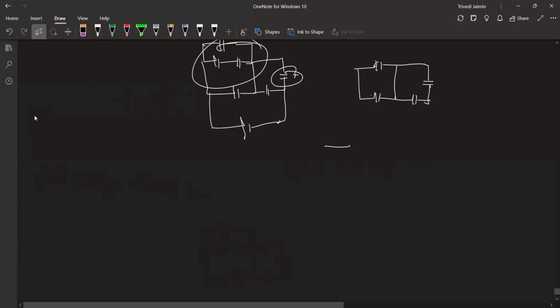This will be like this, one capacitor here. Now, can you make it easier? Now, can you solve it?